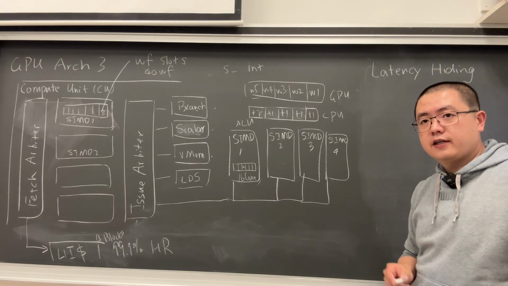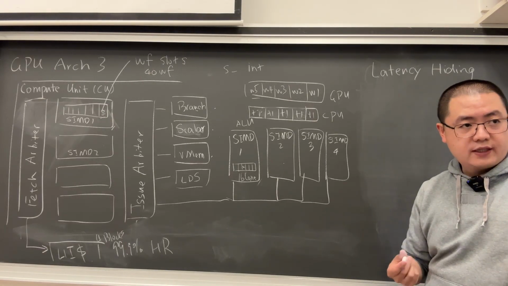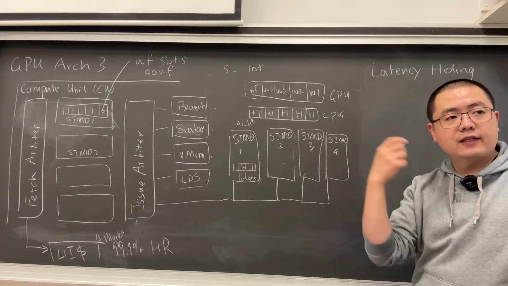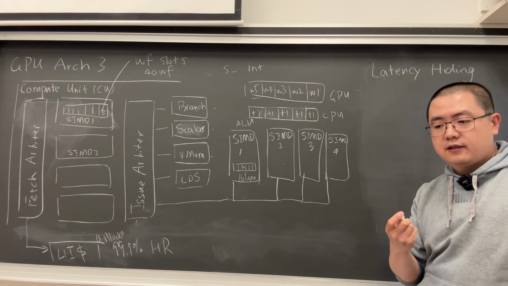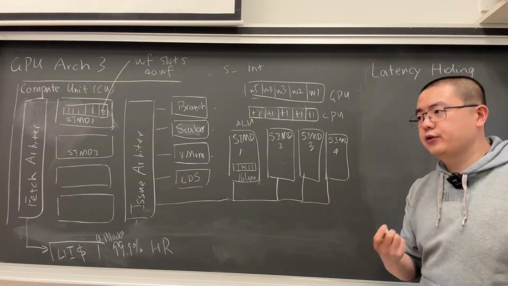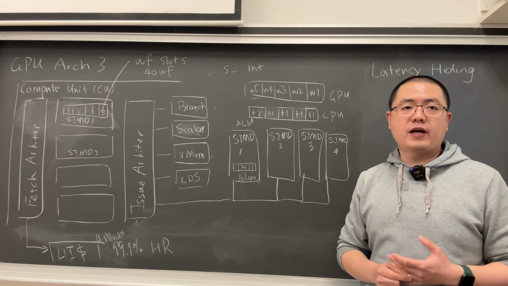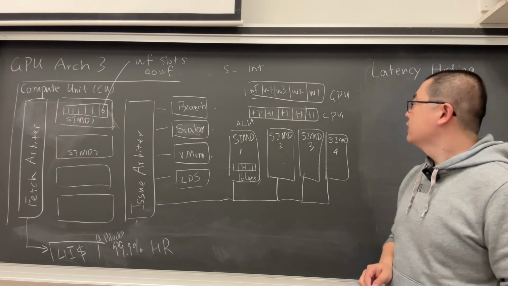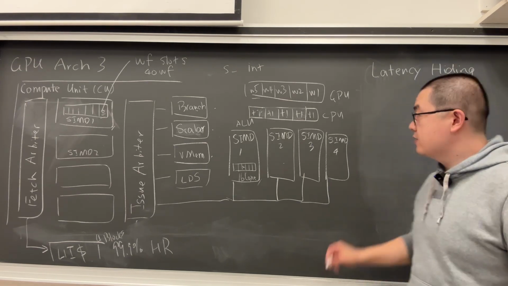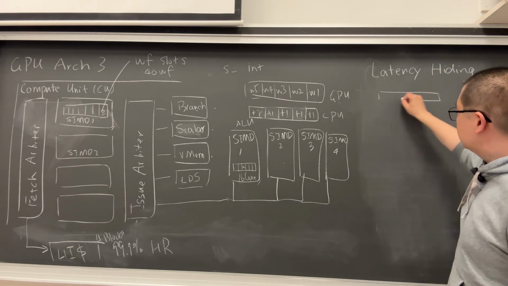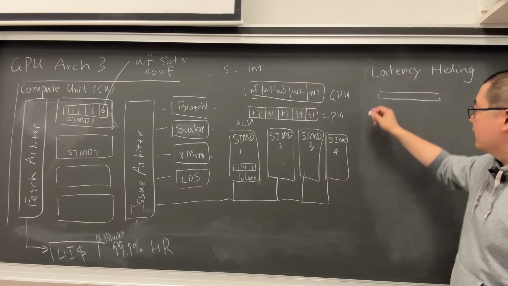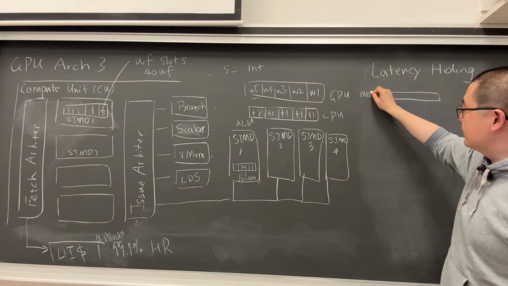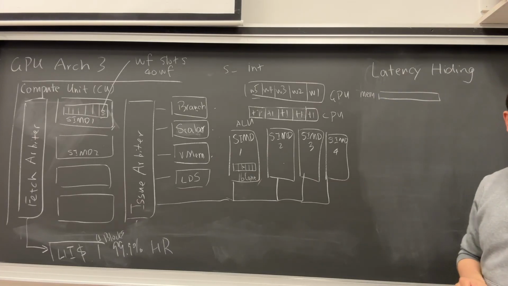Basically, your memory is slow. It takes probably 100 cycles to get the result back. Then your core shouldn't stay there and wait for 100 cycles for the memory to return, right? So this is the memory operation. It takes this long time to execute.